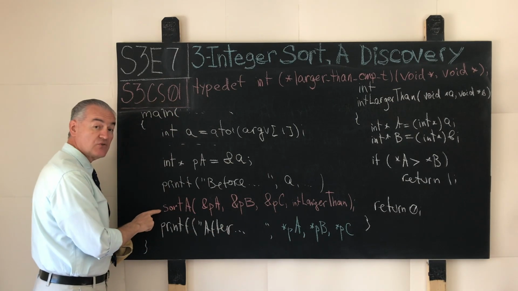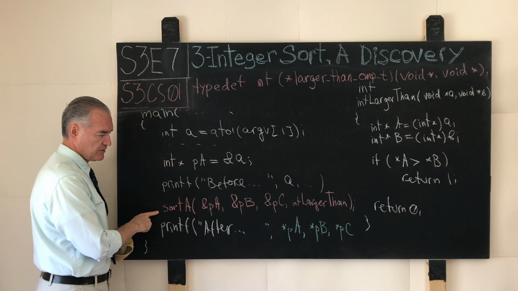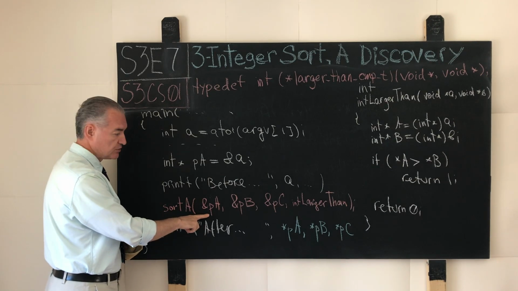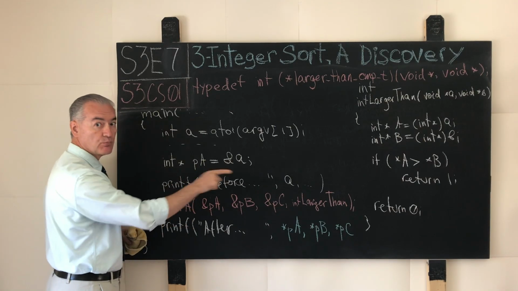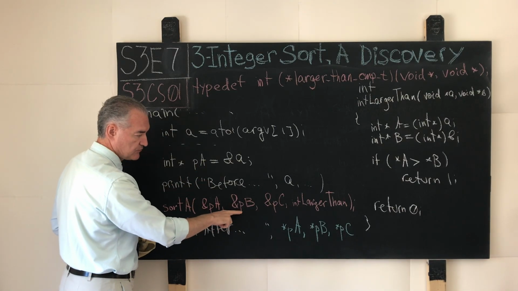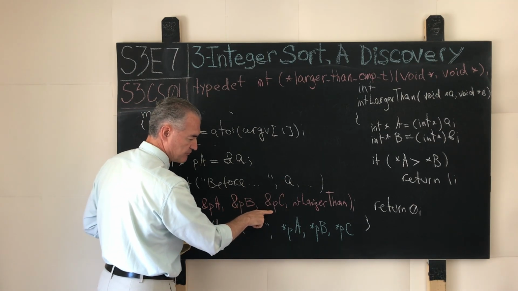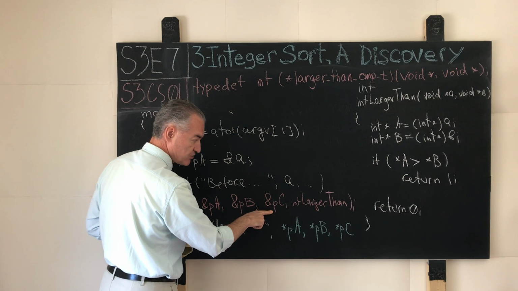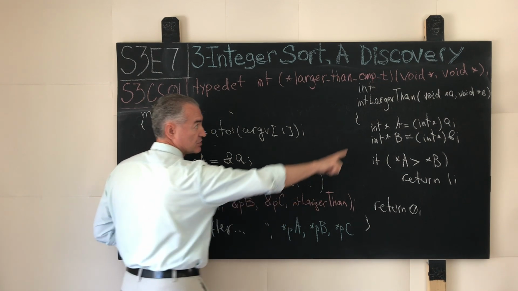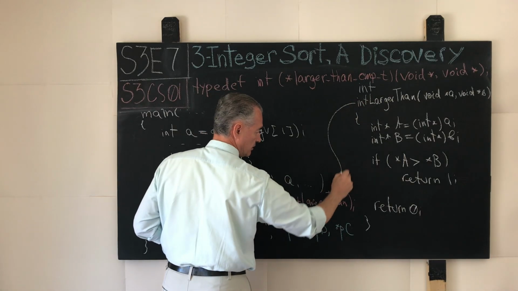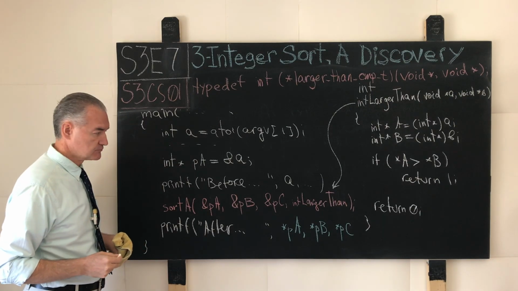Now, when we invoke our sorting routine, our creative sorting algorithm, what we pass into it is the address of this variable. So this becomes a pointer to a pointer. Address of pointer to variable B, and address of the variable that stores an address of variable C. And this one right here is the integer comparator.